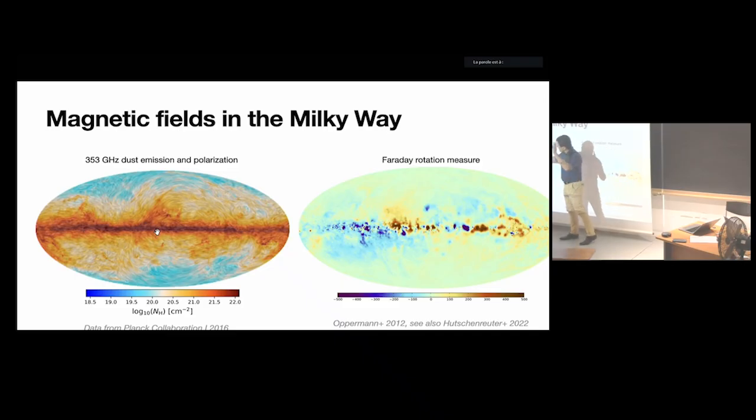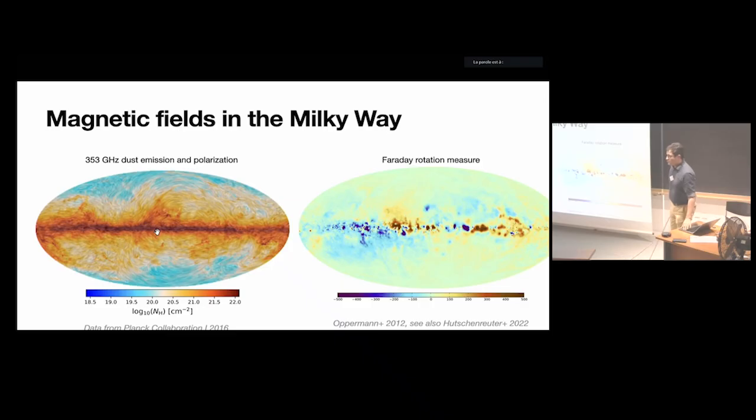In the regions above and below us, we see rather large-scale coherent fields. And finally, the Faraday rotation measure, as we heard this morning, allows us to combine along the line of sight the integral of the number density of the electrons and the line of sight magnetic field. And I will come back to that in the context of the simulations.